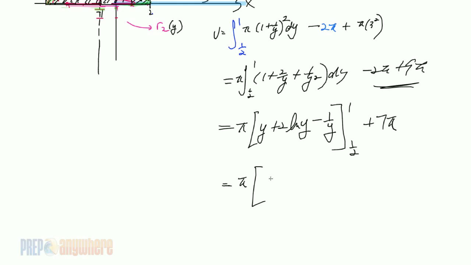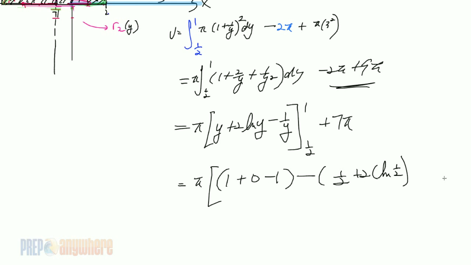Now we can just finally plug it in. Plug in 1. Ln of 1 is 0, so 0 minus 1. Minus, plug in half. Half plus 2 ln of half, and then if you plug in half in here, you're going to get a minus 2. The reciprocal of half is 2. Plus 7 pi.